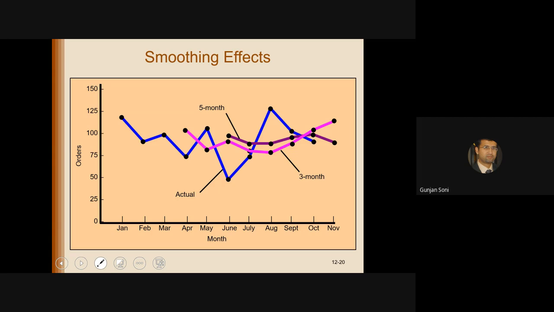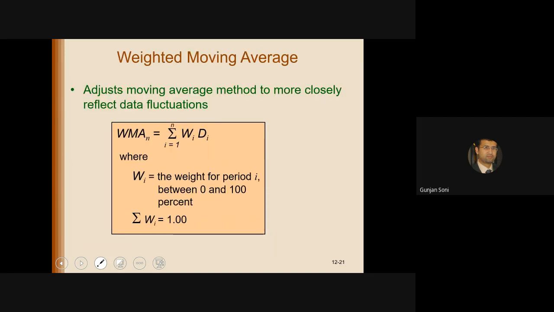The demand for these products is more important during the festive seasons as compared to that during the off seasons. Similarly goes with the automobile. So for certain types of products, the time of the year is also important. So hence we can go for weighted moving average, which adjusts the moving average method to more closely reflect data fluctuations.